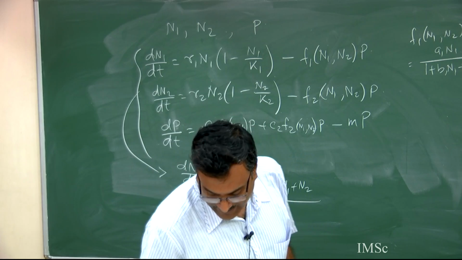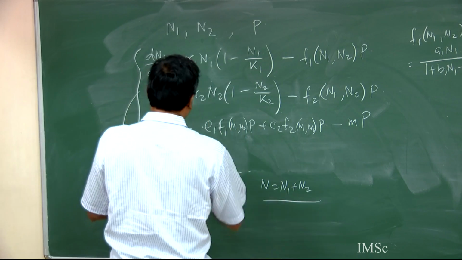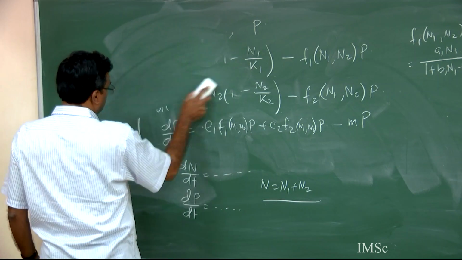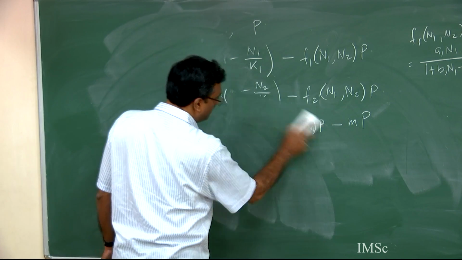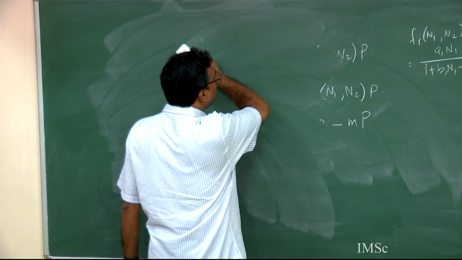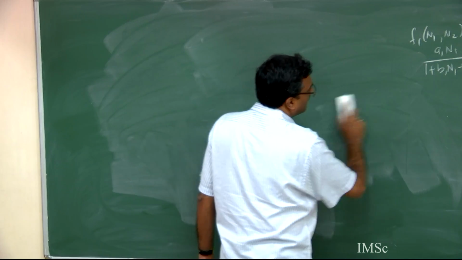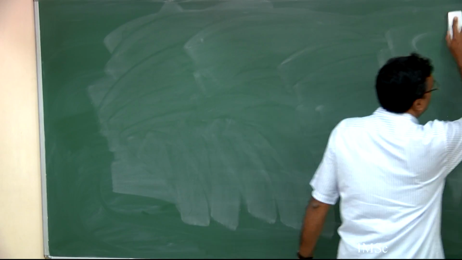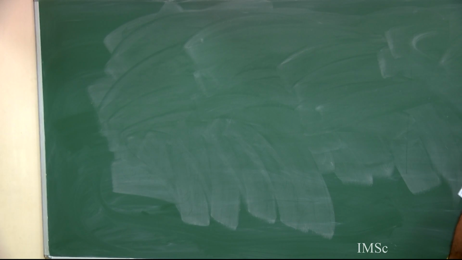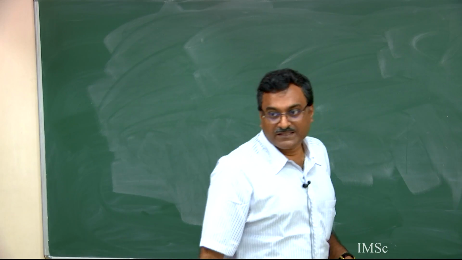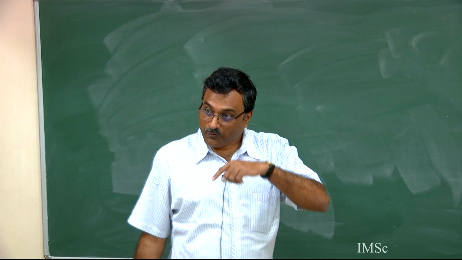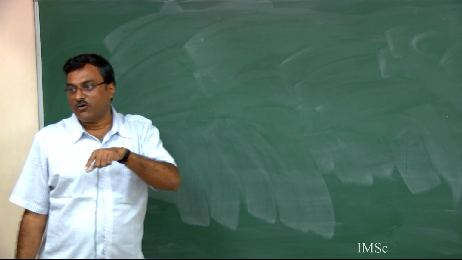Lastly, I will just mention one more 3-dimensional model, known as the prey-predator model with an intraguild predator, and the idea is that you have one prey and 2 predators, but the second predator can survive on the prey as well as on the first predator.